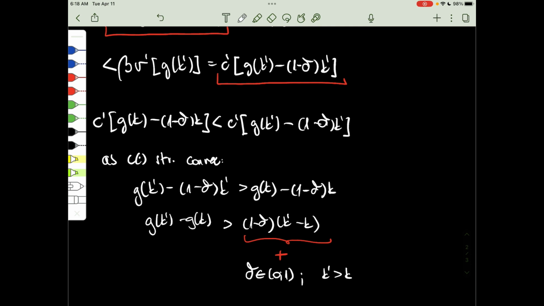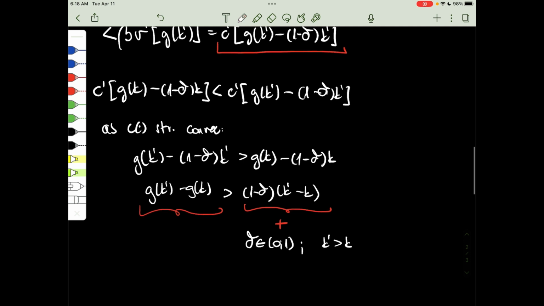So the left-hand side is also positive, which is possible only if g(k prime) is higher than g(k). So g must be increasing.